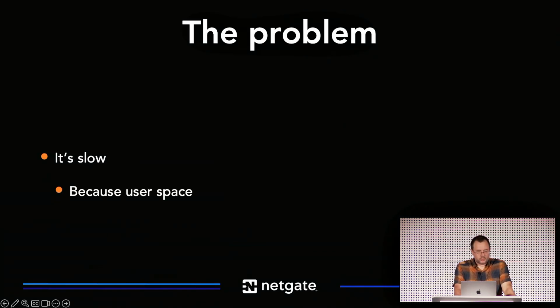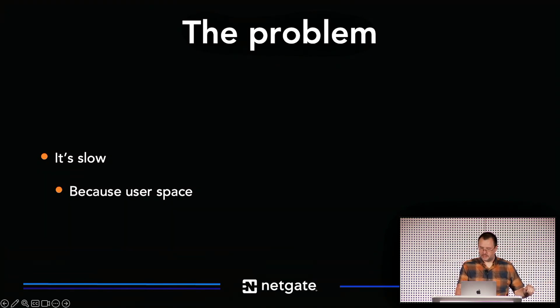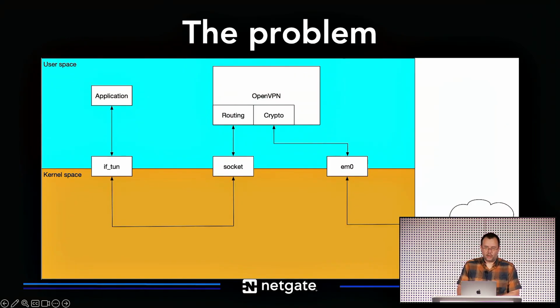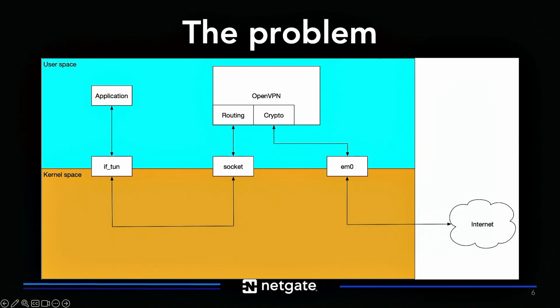Why is it slow? It's slow because it runs in user space. Well, that's part of the story. You can do very fast networking in user space as well, but that's a completely different talk. Let's not get into that now. The reason that it's slow is fundamentally this.